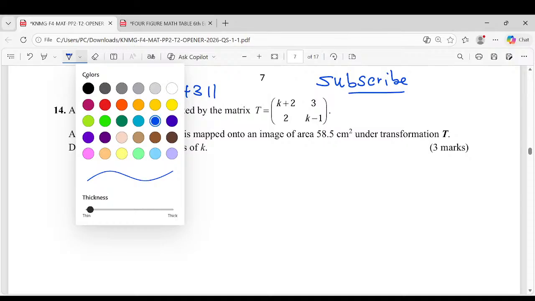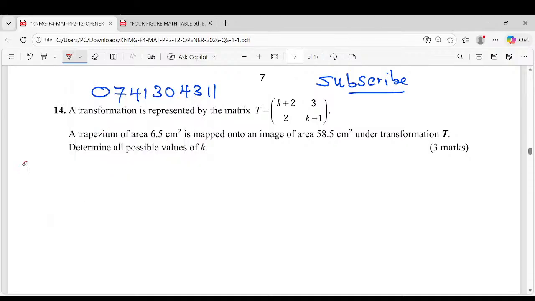First of all, allow me to get what is called the area scale factor. Area scale factor is given by the area of the image over the area of the object. This is what, dear learners, you have to know.